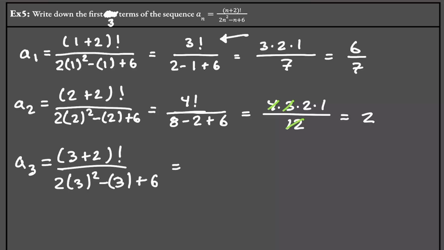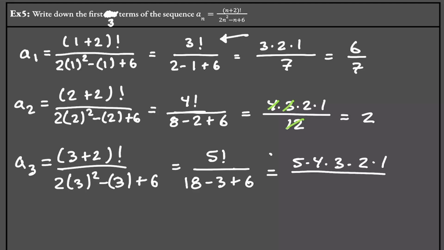And so we simplify the top and we get 5 factorial all over, 3 to the second power times 2 gives us 18 minus 3 plus 6. So let's expand out the factorial. And we're left with 5 times 4 times 3 times 2 times 1. And in the denominator, we simplify this a little bit and we're left with 21.